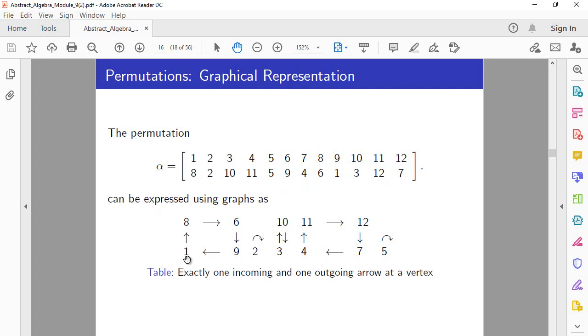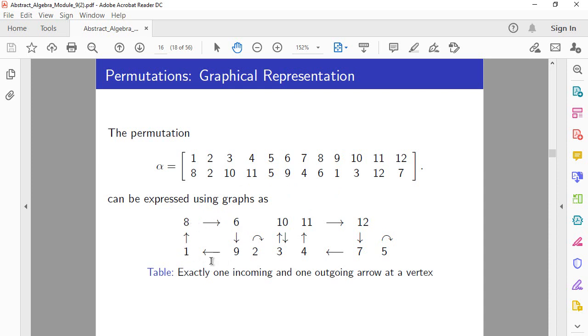The value of alpha at 1 is 8, so 1 goes to 8, and then 8 goes to 6, 6 goes to 9, and 9 goes back to 1. So we have completed a cycle here: 1 to 8, 8 to 6, 6 to 9, 9 back to 1.